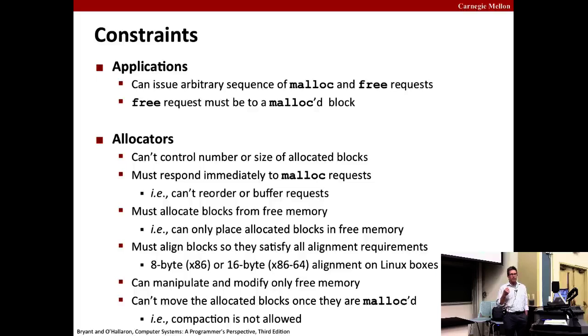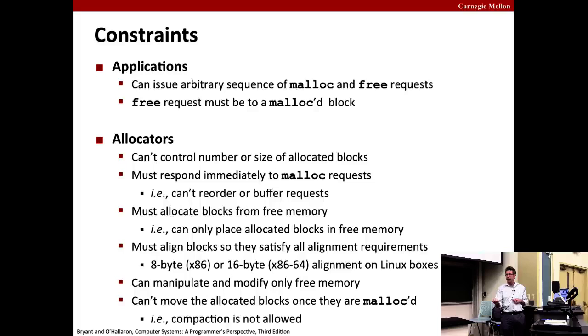Now allocators like malloc operate under a lot of different constraints. They can't control the size or the number of the allocated blocks, because they have no control over what the application's doing. If an application calls malloc, malloc has to respond right away. You might be able to do a more efficient version by batching up requests and then responding to all those requests at once, but the allocator can't do it.